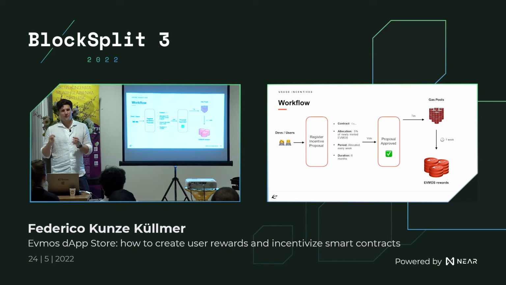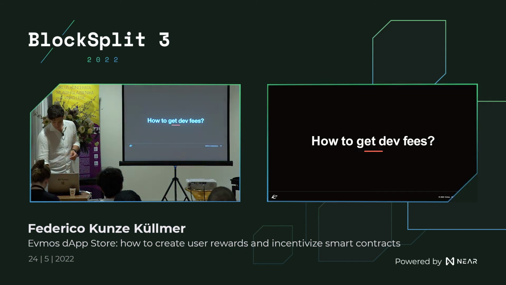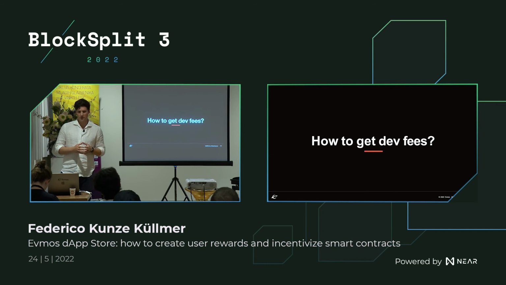After one week, the user's gas is going to be prorated with the total amount of gas spent in that contract during that entire week, and that is going to be reflected in the Evmos rewards. So you get a reward proportional to the amount of gas divided by the total amount of gas spent during that week. Now, how can we get developer fees?